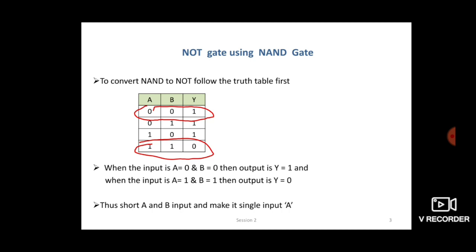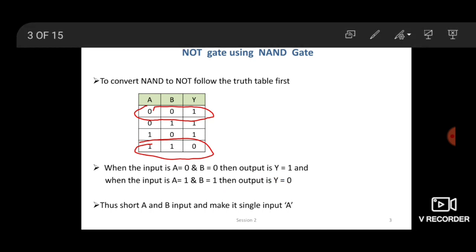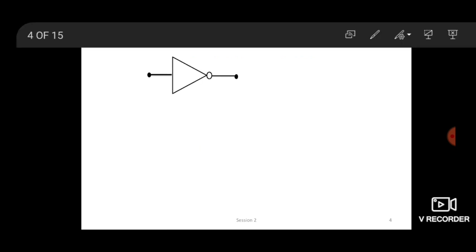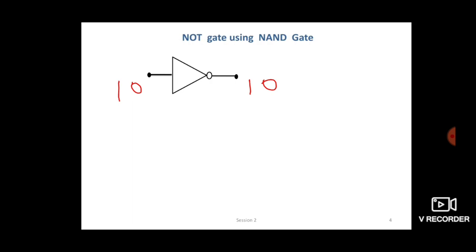So, short A and B inputs and make it a single input A. Now see the symbol of NOT gate. If 0 is passed here, what is the output? 1. And if 1 is passed, then what is the output? 0.